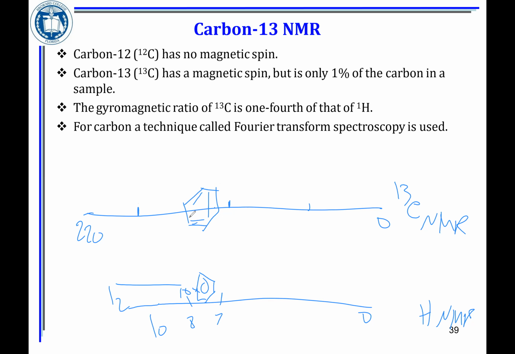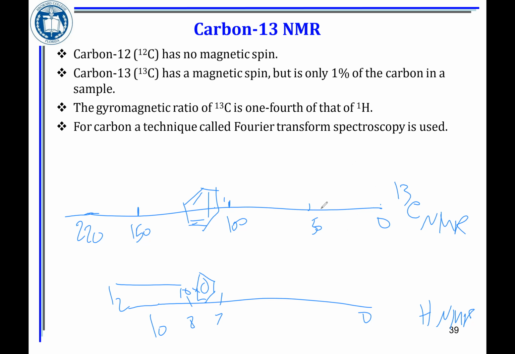The carbon from the aromatic ring would appear in this location, like 0, 50, 100, and then 150. So it will appear very similar to this, right? Beginning of the third quarter, it will appear. If you have an alkane, it is going to appear between 0 and 50.